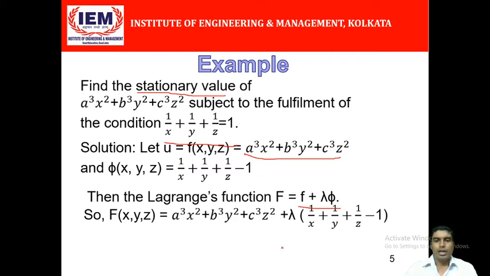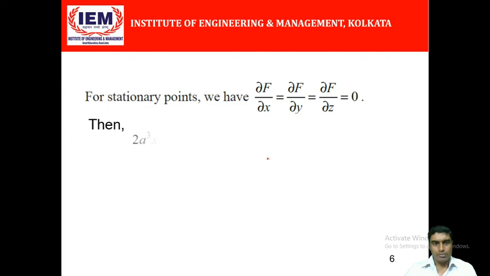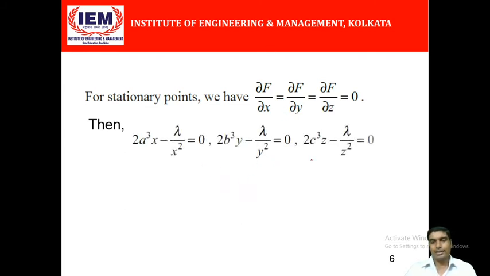Then by the working rule I have to partially differentiate this with respect to x, y, z respectively. So first, the partial derivative of this function F, I will get this one. From the next equation I'll get this, and from the last equation, del F del z, I'll get this one.